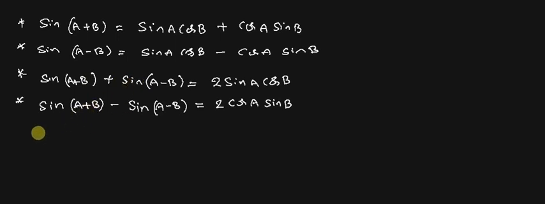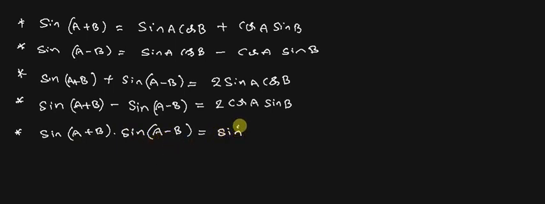So I just performed addition and subtraction. Now I'm going to do the multiplication. What is the result of sine of a plus b into sine of a minus b? It is sine square a minus sine square b.